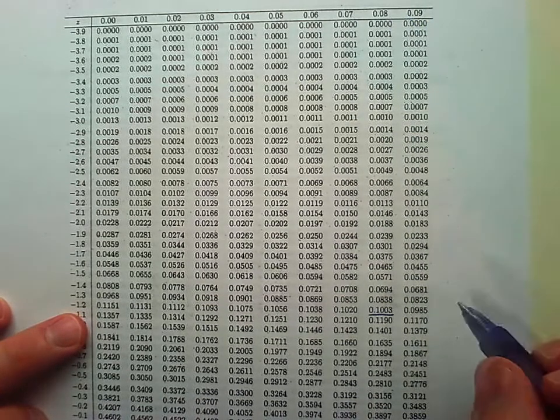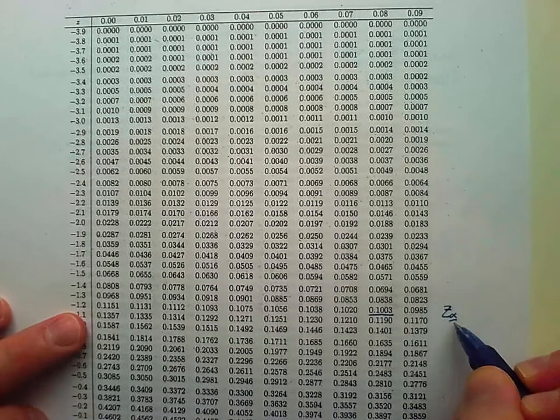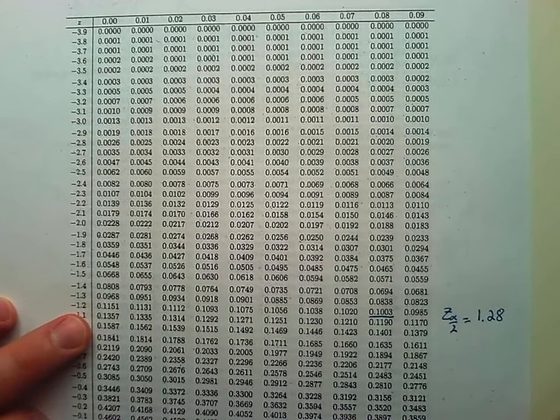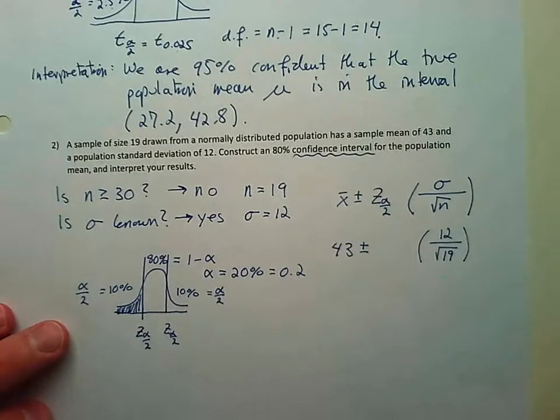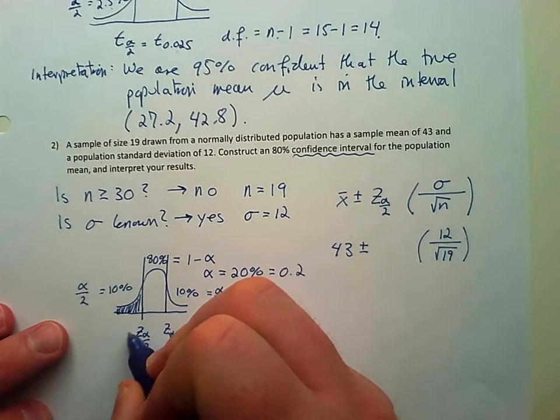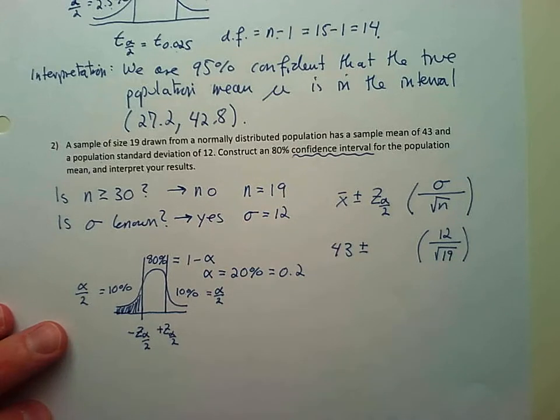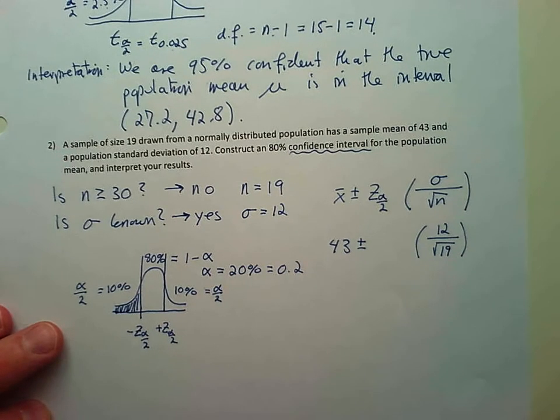So we can use the z value, the z sub alpha divided by 2, as 1.28. Again, remember that the way I describe the z sub alpha divided by 2's is that I'm always going to call them positive values. Now keep in mind that here the z value is going to be below the mean, so technically this one's going to be negative, and this z value is going to be above the mean, so technically it's positive.